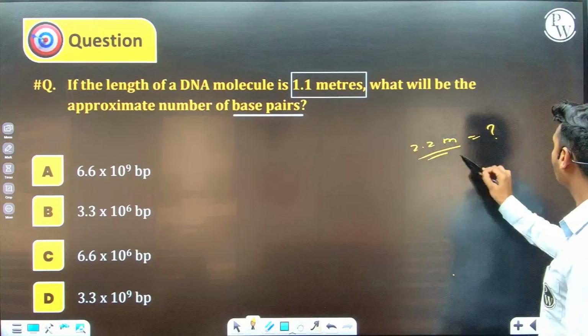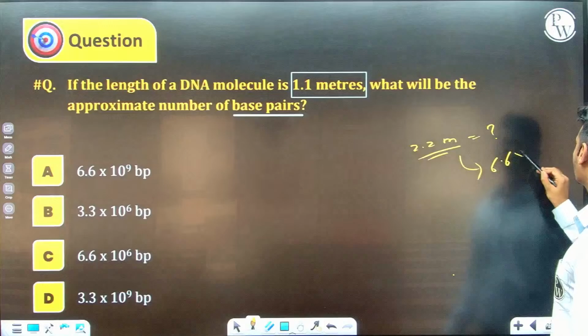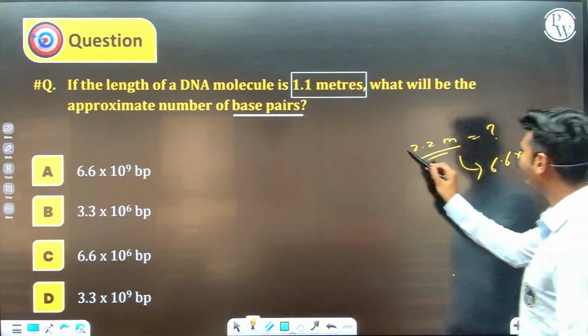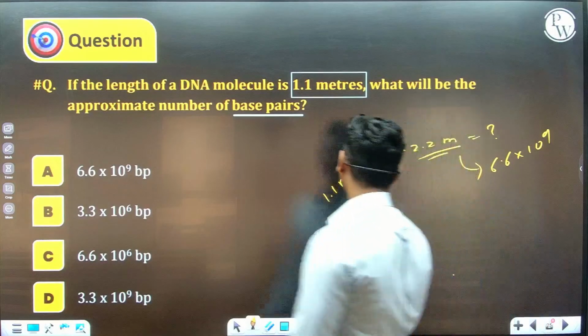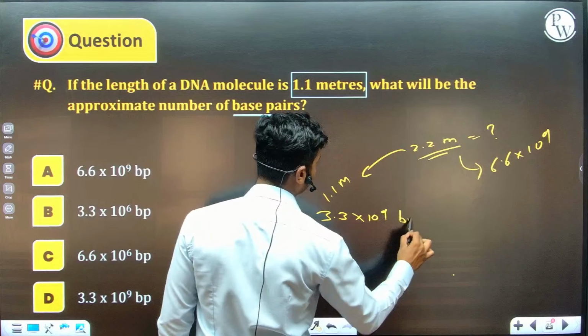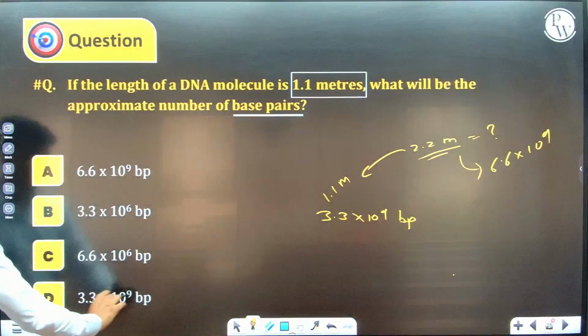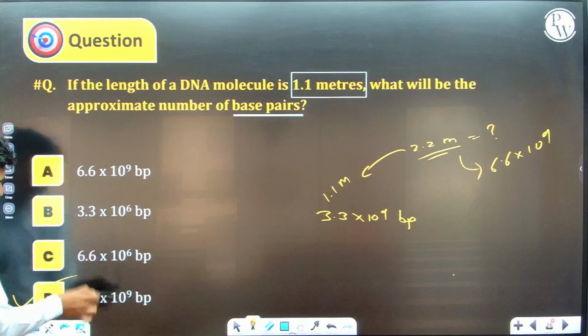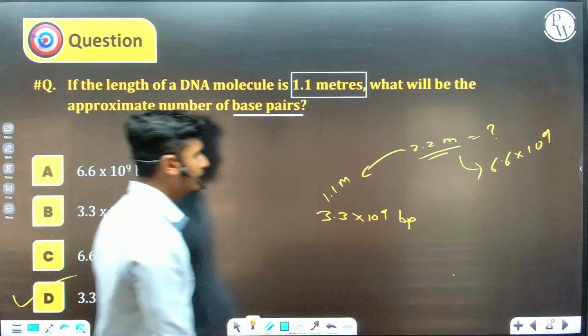So for exactly half, 1.1 meter, the answer will be 3.3 into 10 raised to the power 9 base pair. Any option? Here is just a minute difference, 10 raised to power 6 and 10 raised to power 9. We need 10 raised to power 9.